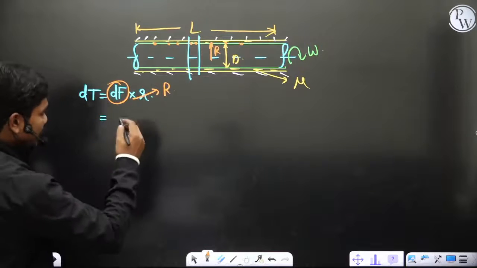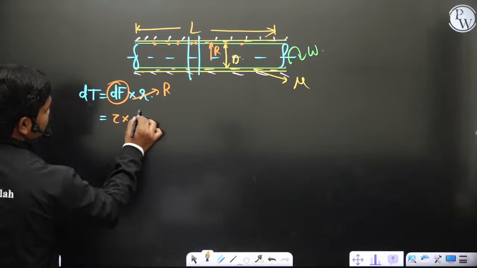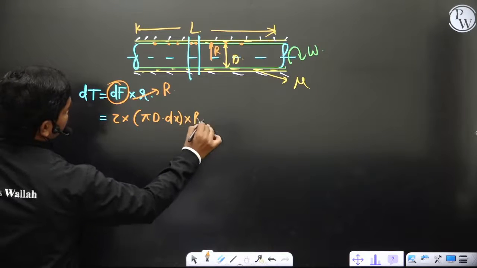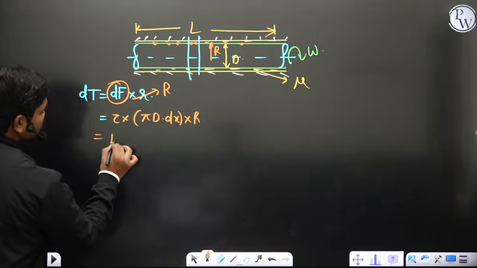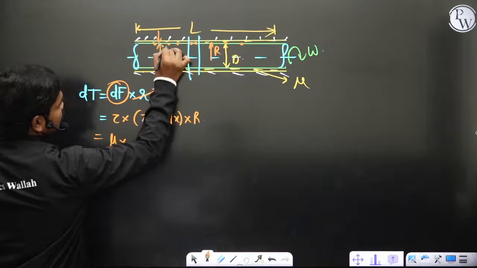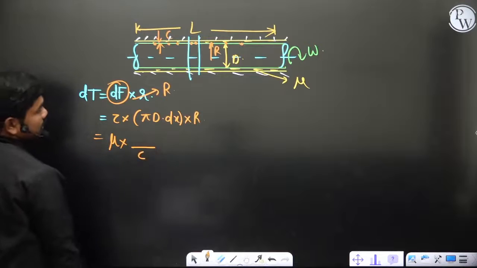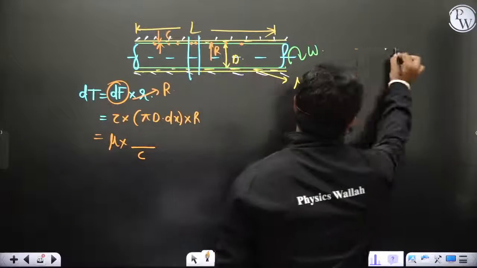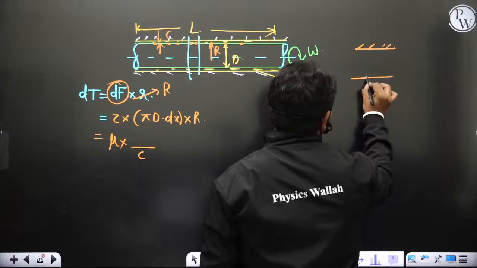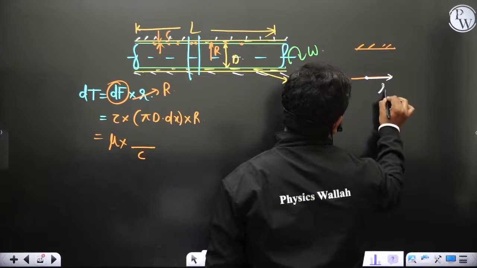The shear force acting, just now we have seen, shear stress into pi d dx. Okay, this is what we have, and shear stress is equal to mu into velocity gradient.